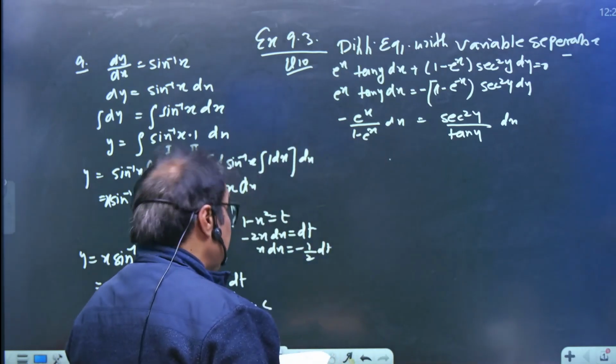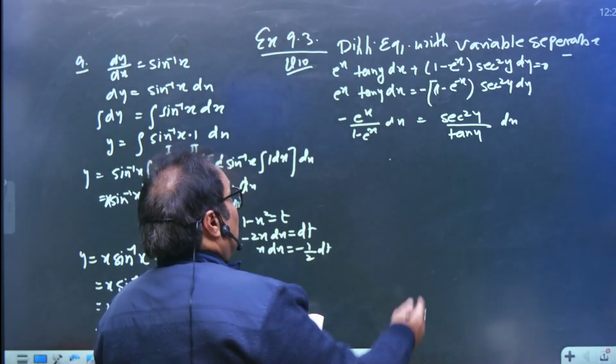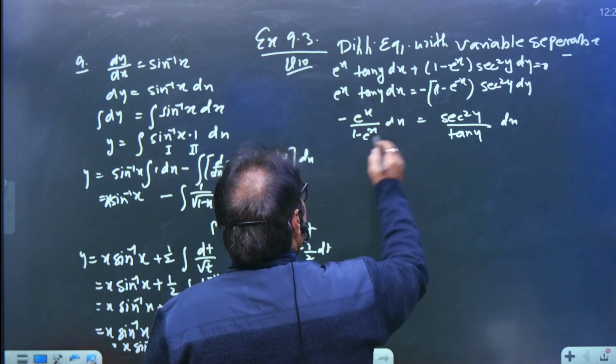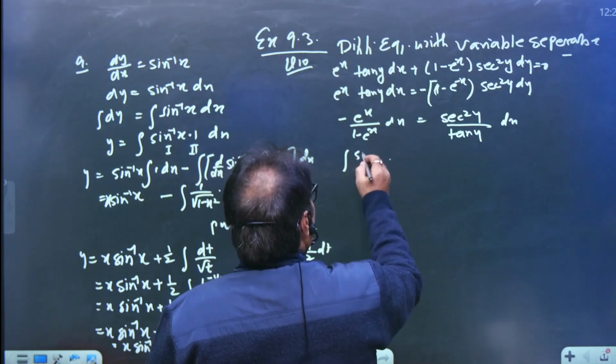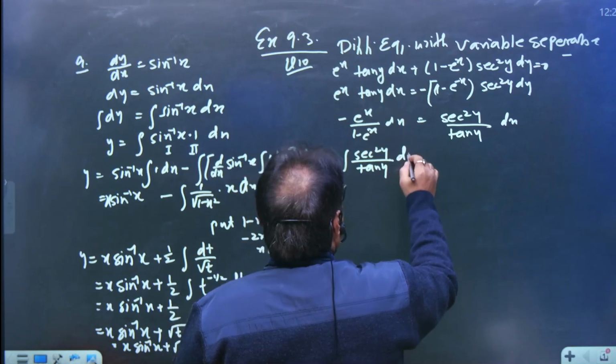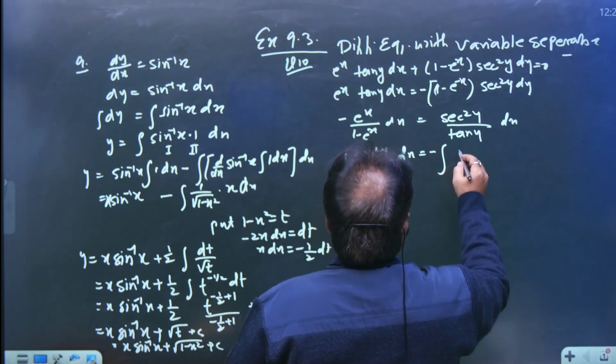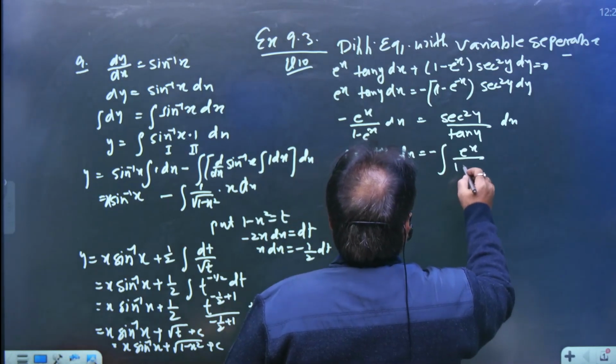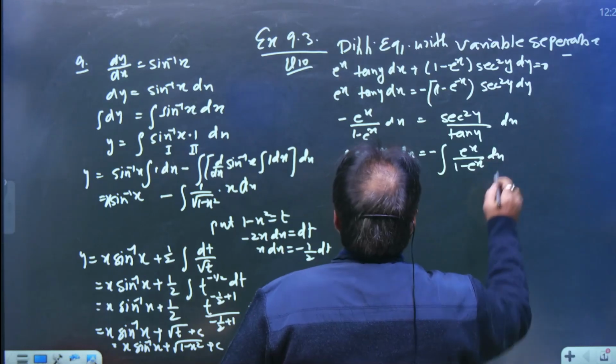So the variables are separated. Now apply integration on both the sides. So integration of sec square y upon tan y dy is equal to integration of e raised to the power x upon 1 minus e raised to the power x dx.